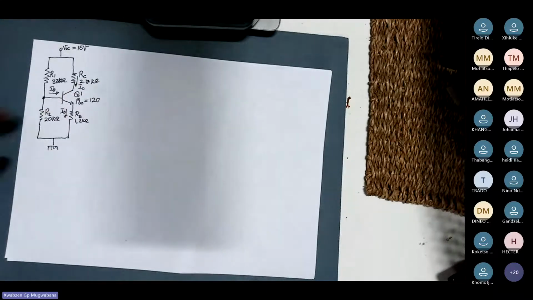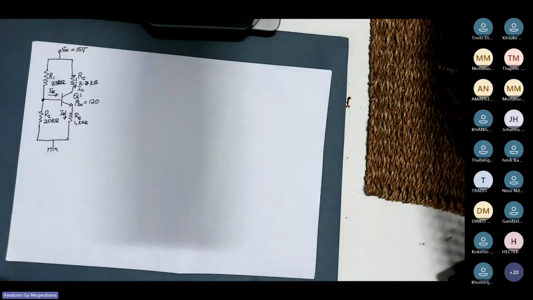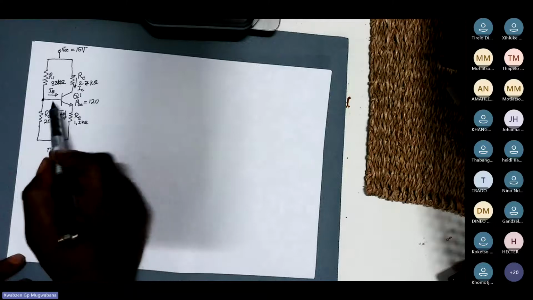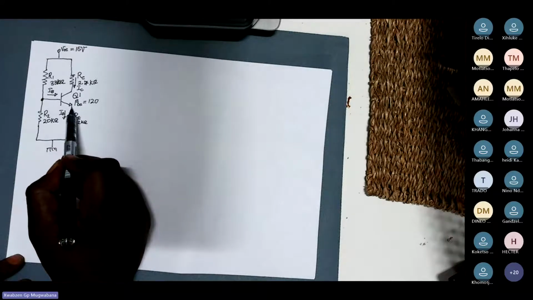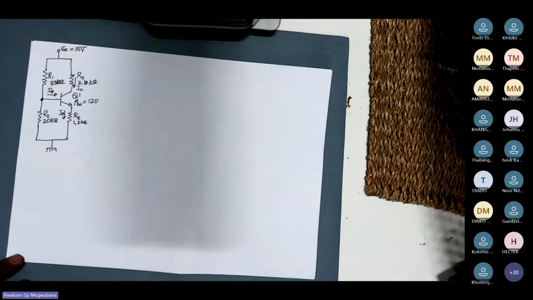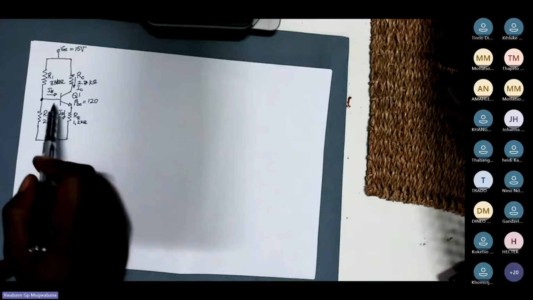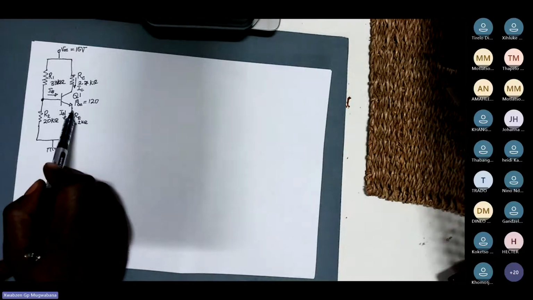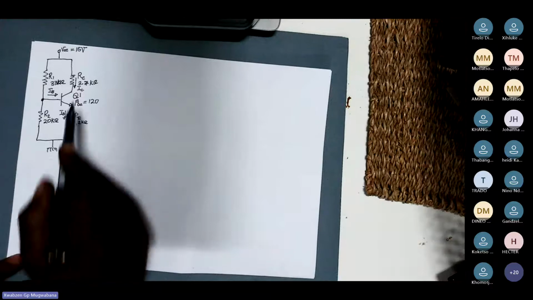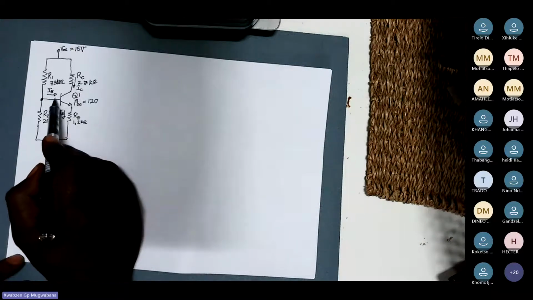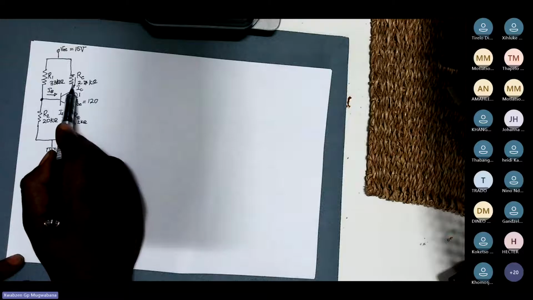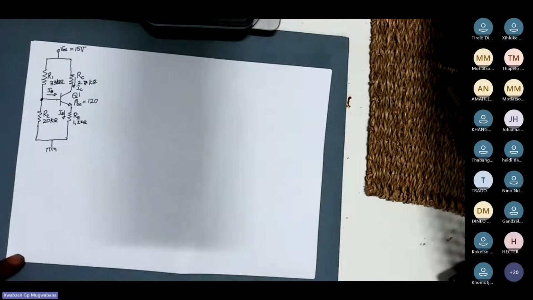Now, base to emitter connection must be forward bias. At the same time, your collector to base must be reverse bias.